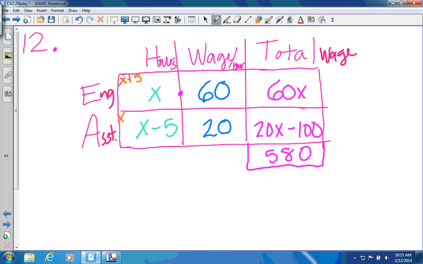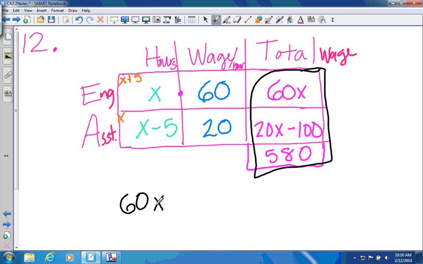So then your equation would become this column, 60x plus 20x minus 100 equals 580.